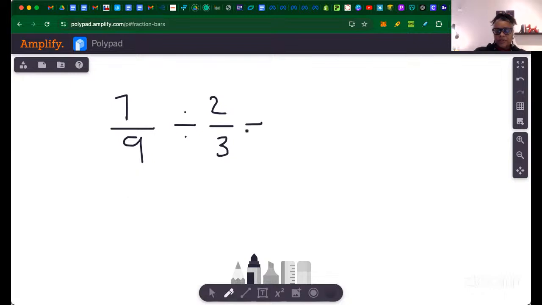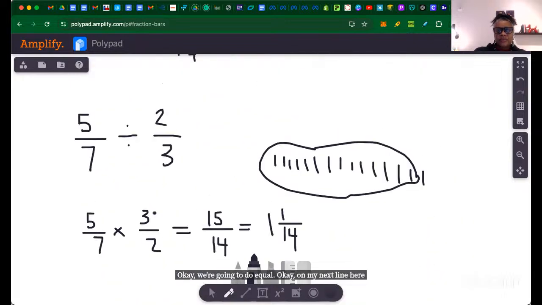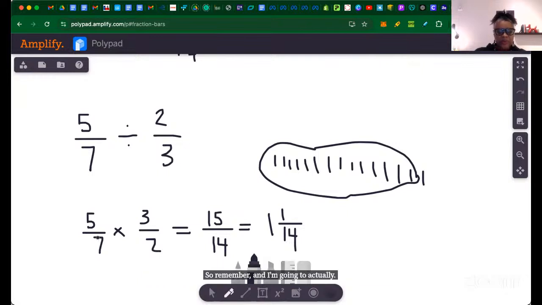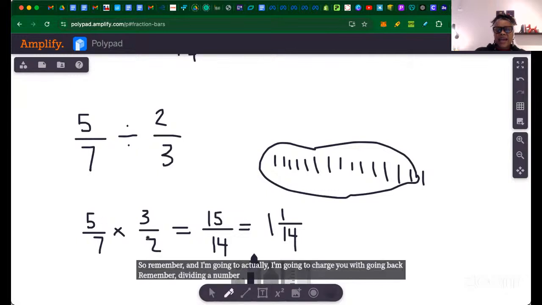Okay, we're going to do equal. Okay, on my next line here, like up here, when I started, this was my problem, and then I wrote this first, okay? So remember, dividing a number is the same as multiplying by the reciprocal.